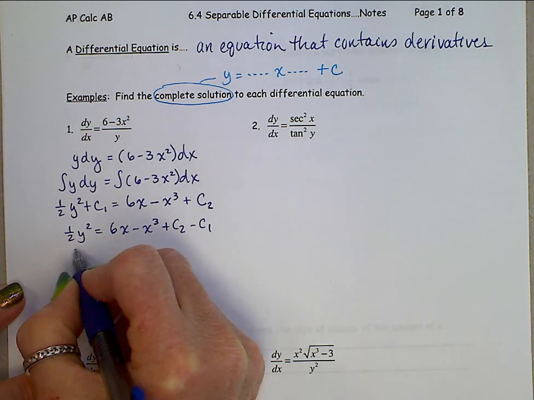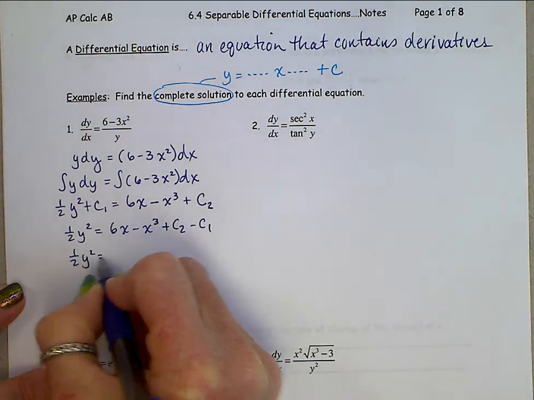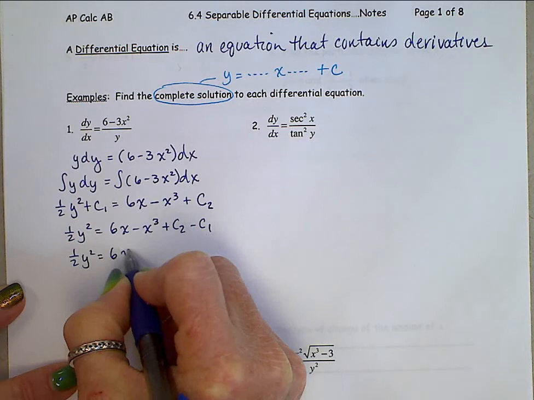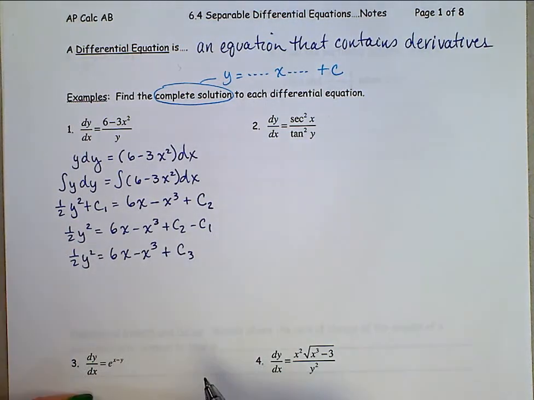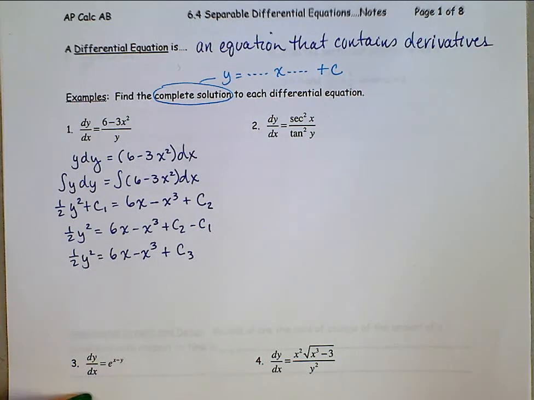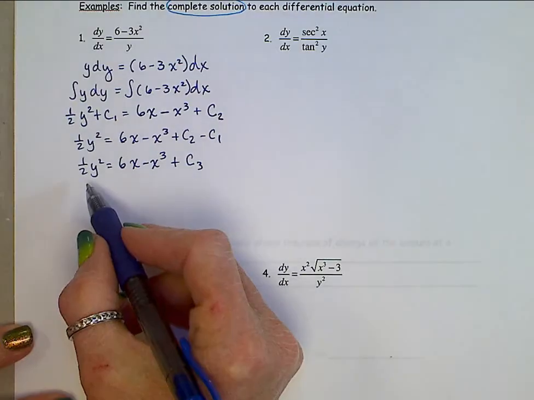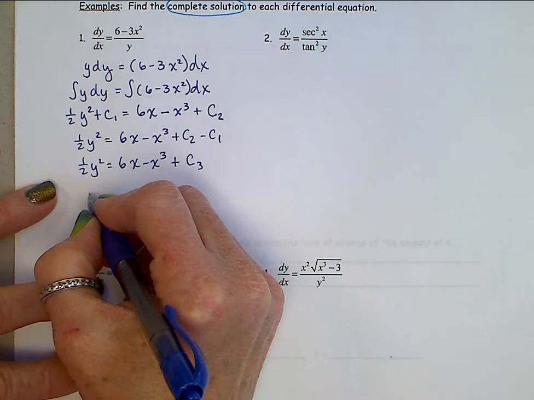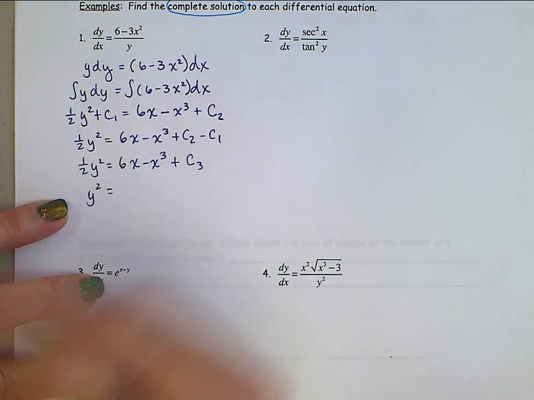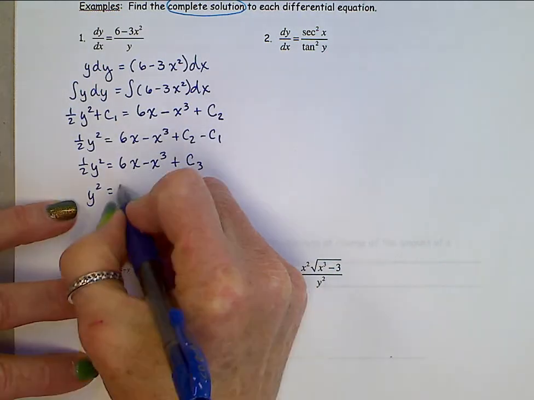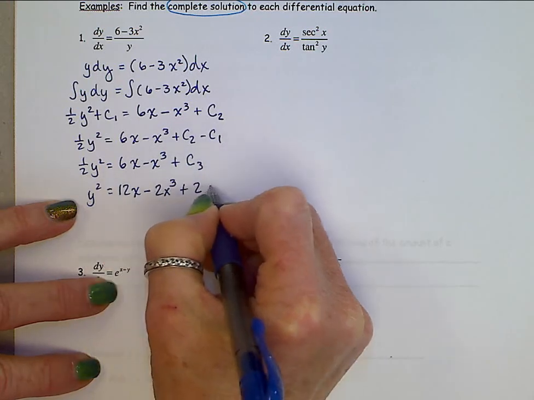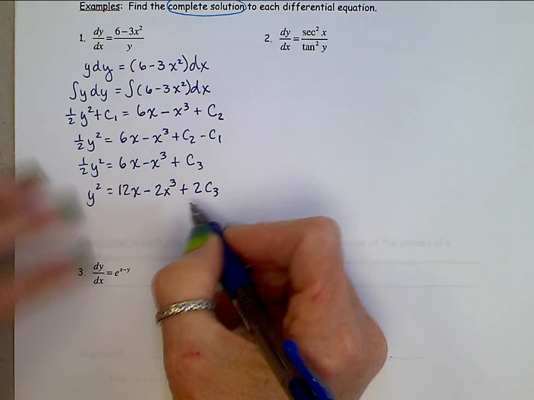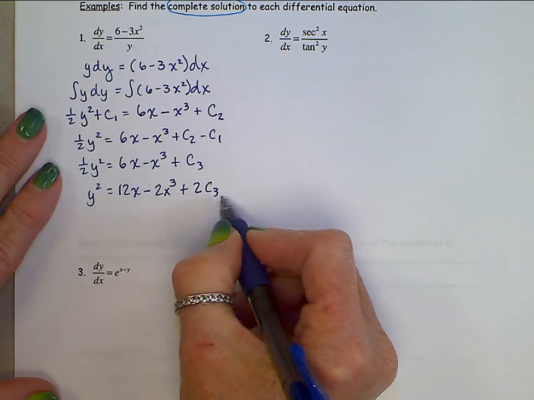So we could say 1/2 y squared is 6x minus x cubed plus a third c. Then multiplying by 2 to clear the fractions, y squared is 12x minus 2x cubed plus 2c sub 3. But 2c sub 3 is yet a different constant.